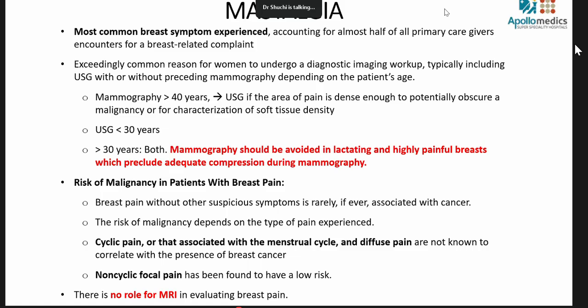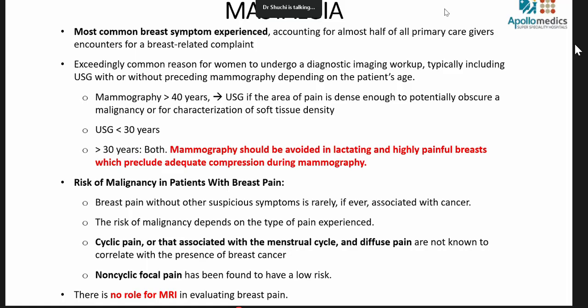Mammography if more than 40 years, ultrasound if less than 30 years. In between 30 to 40, both are recommended. Mammography should be avoided in lactating and highly painful breasts, which preclude adequate compression during mammography. However, for 30 to 40, I would prefer to go for an ultrasound first and, if needed, then a mammography.